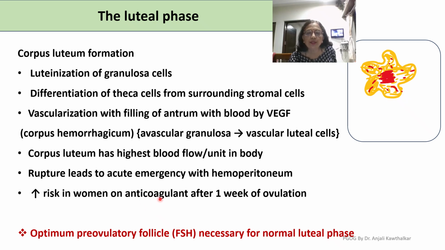Otherwise it can lead to life-threatening bleeding and hemoperitoneum in a menstrual cycle. This simple event itself can lead to a life-threatening condition because of the anticoagulant treatment. This corpus hemorrhagicum will rupture and give an acute picture like an ectopic pregnancy. It is a close differential diagnosis of ectopic pregnancy.